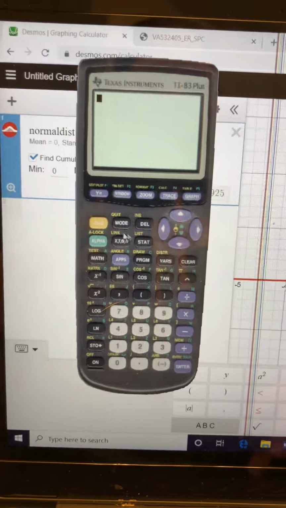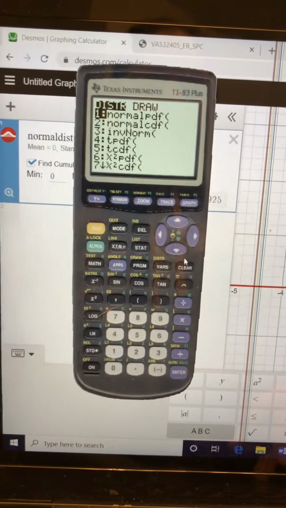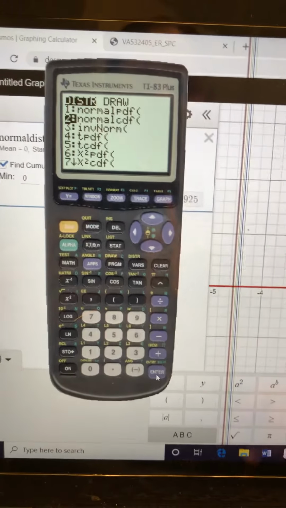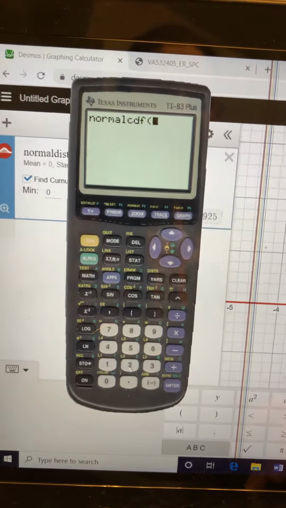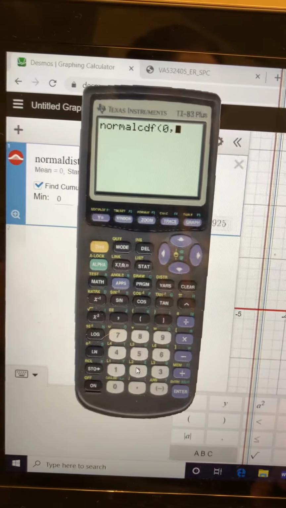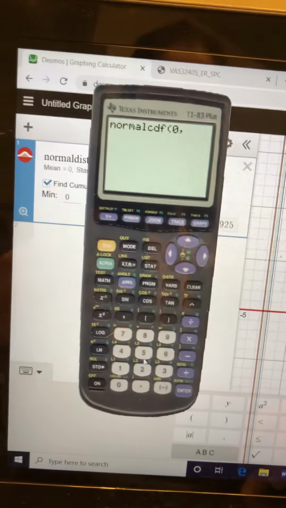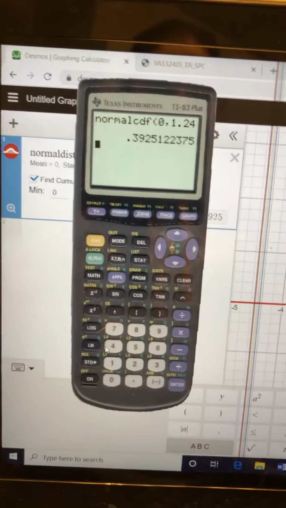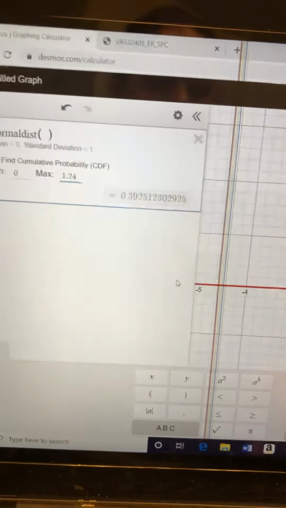On the calculator, you would do the same thing, second VARS, number 2 again, always number 2, normal CDF. You don't have to worry about PDF or CDF here. And you do 0, comma, your min, comma, your max, 1.24, positive 1.24, and it gives you the same thing.